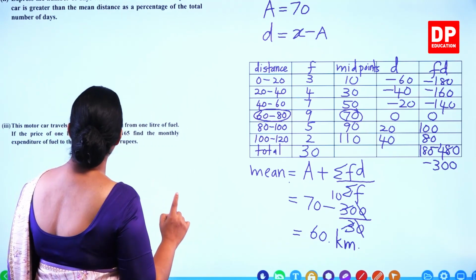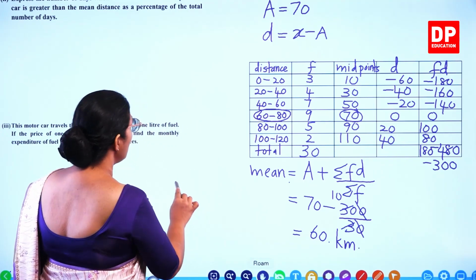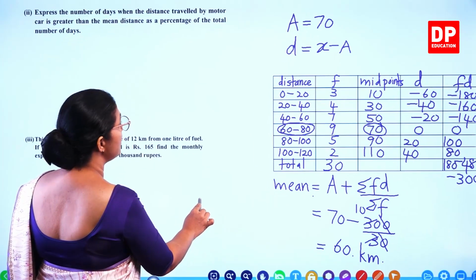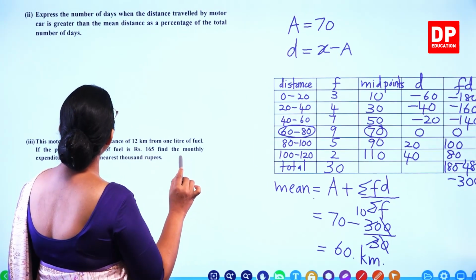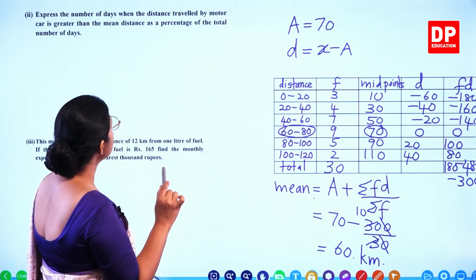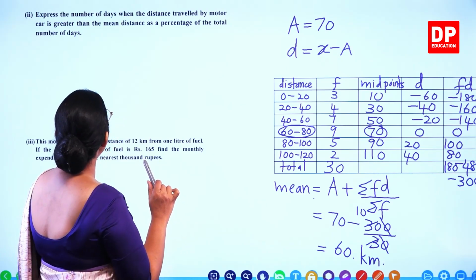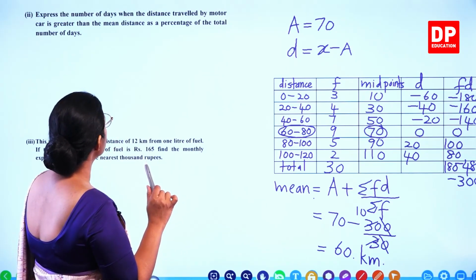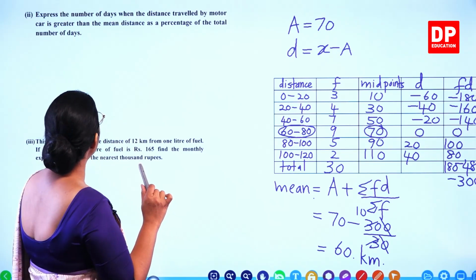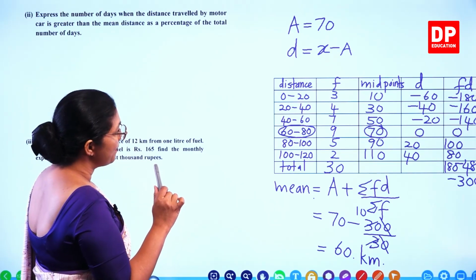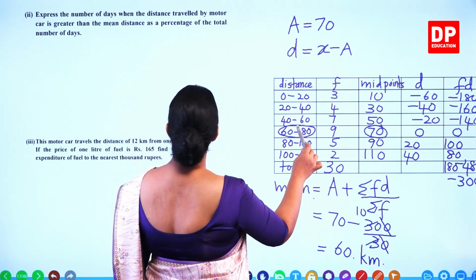Then using that, you can find out the answer here. Express the number of days when the distance traveled by motor car is greater than the mean distance as a percentage of the total number of days. So mean is 60.